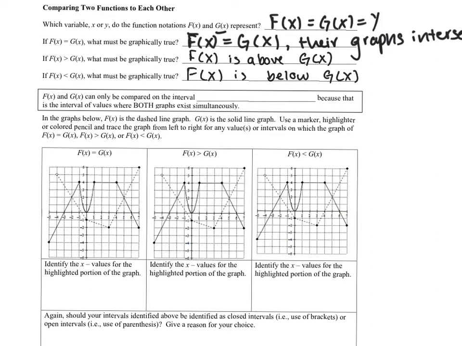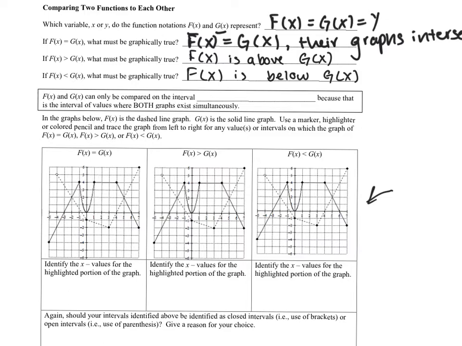Now, here we're looking at our two functions down here in the boxes. It says f of x and g of x can be compared on the interval what? Because that is the interval of the values where both graphs exist simultaneously. Now, g of x is the solid line and f of x is the dashed line.